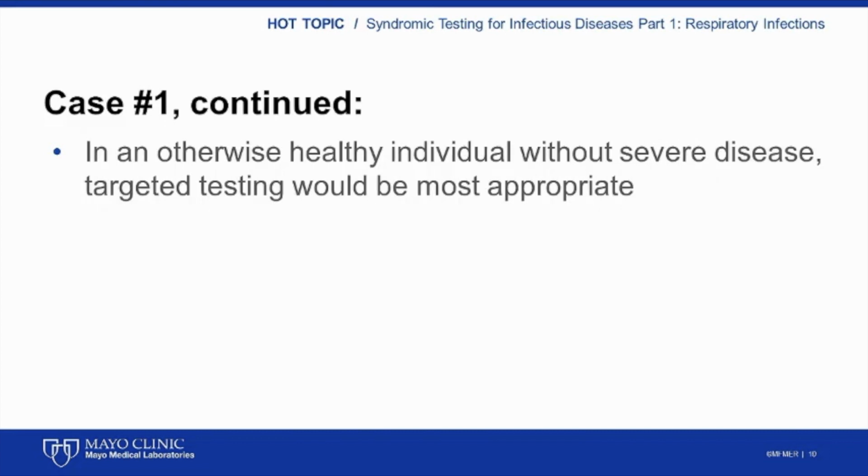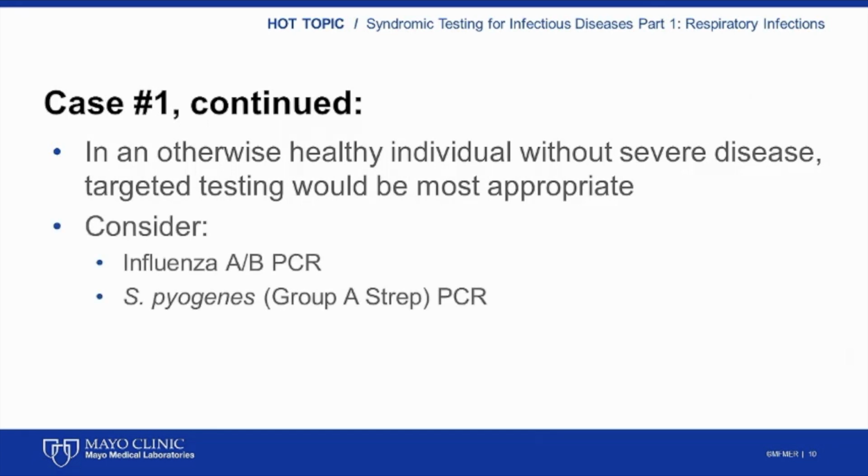Although there's no definitive answer, in an otherwise healthy individual without severe disease, I feel that targeted testing would be most appropriate in this case. Given the patient's symptoms and the time of year in which he's presenting, one might consider first testing using a targeted influenza PCR assay or a molecular test for group A strep.